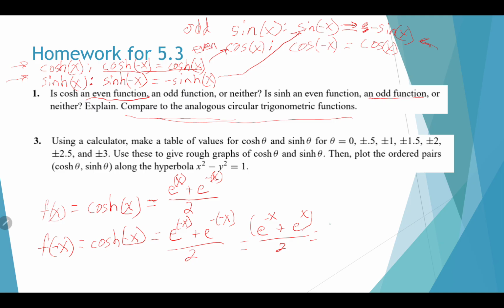So I'm going to do that, and I'm going to write it as e to the x, moving this piece here, plus this piece over there, e to the negative x over 2, which is the same as cosh of x. So this shows that they are indeed even.